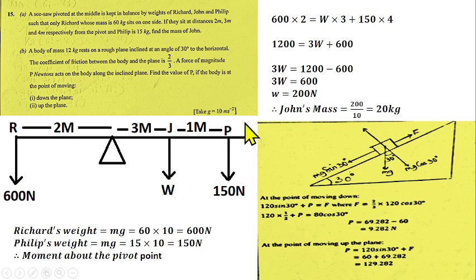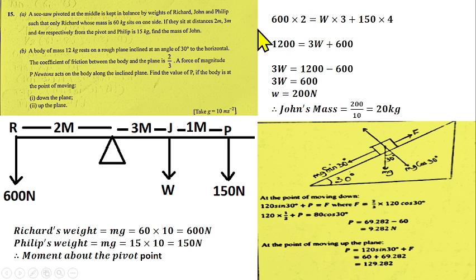So the moment of John is weight multiplied by distance, which is 3W, plus the moment of Philip from the center, which is 150 times 4.